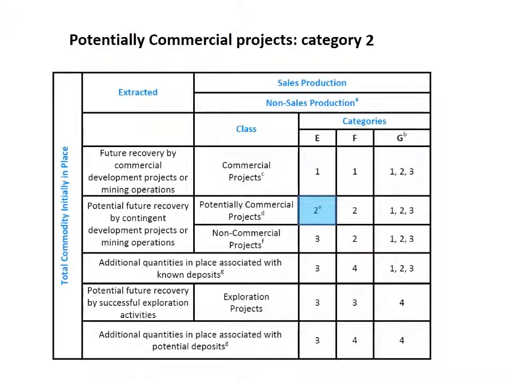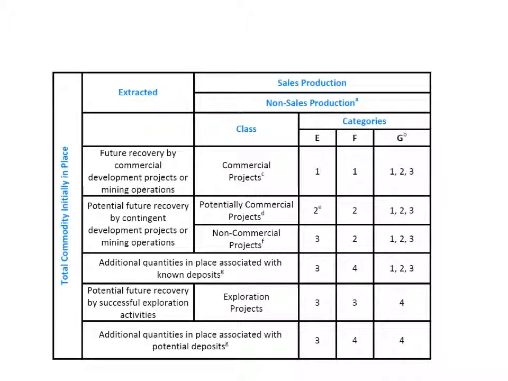Equally, uncertainty about potential development classifies as a 2, and the geological knowledge could be classified from 1 to 3. The project here is classified as 2, 2, 2. Once a project becomes fully commercial and starts producing, the project can be categorized by 1, 1, 1.